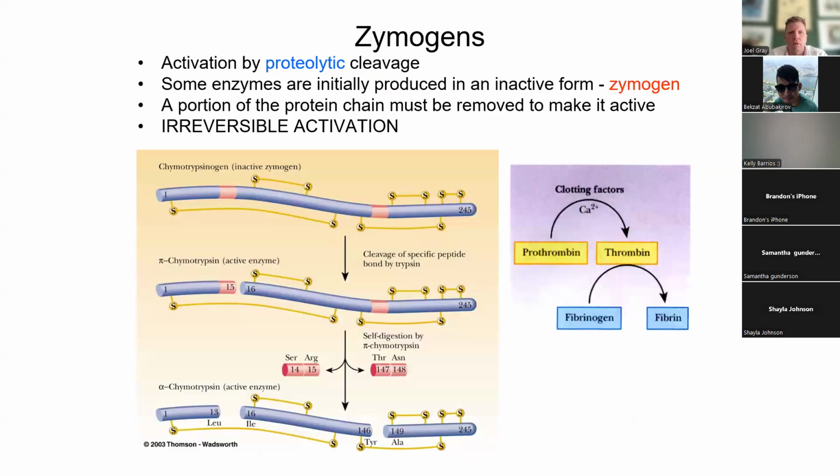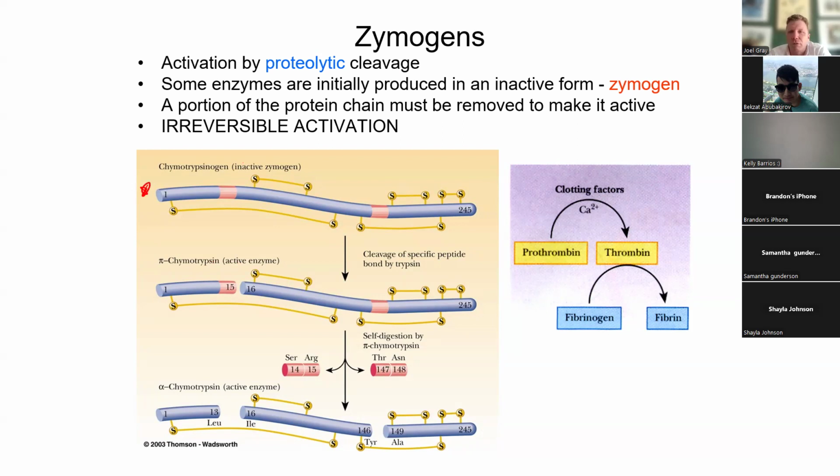Okay, so now to visualize the action of a protease, we'll look at a class of molecules known as zymogens. Now, this sounds like it's straight off of a sci-fi movie. Zymogens are proteins that basically float around and don't do anything.